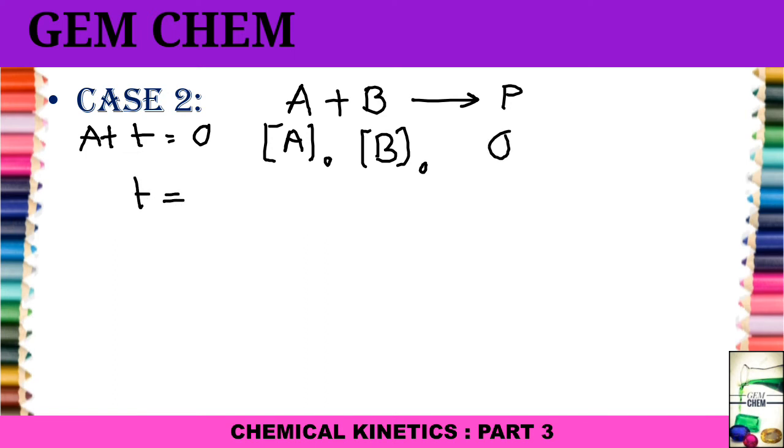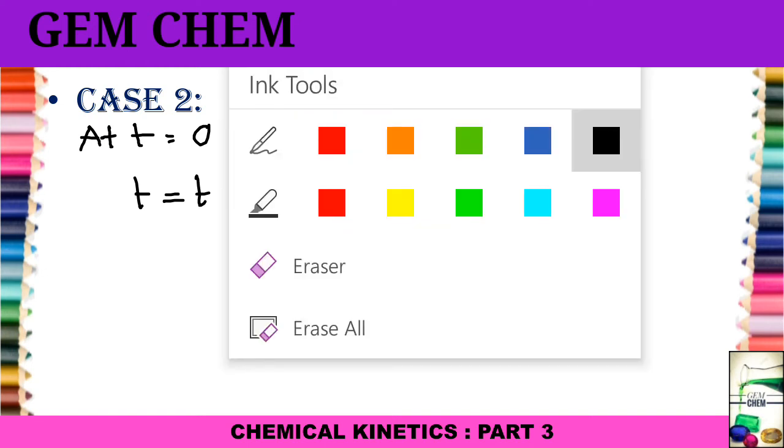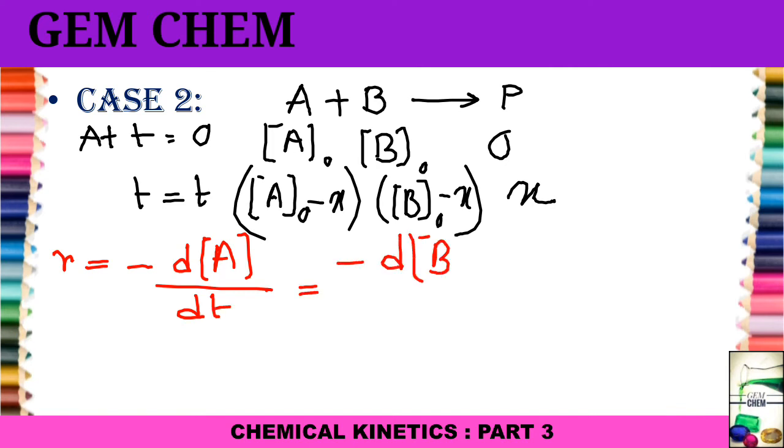Whereas at time t we have A0 minus x concentration, and here we have x concentration, then B0 minus x. We are subtracting the concentration of the product from each. Now if we try to write the rate equation, it will be like this. R equals minus dA by dt equals minus dB by dt equals dP by dt.